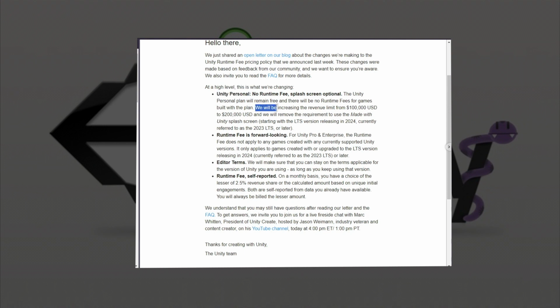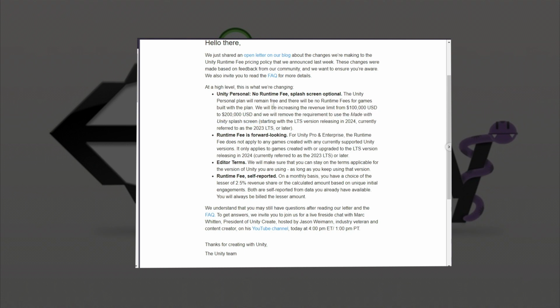Also they will be increasing the revenue threshold from 100,000 to 200,000 USD. So they upped it big time. Now they are doing really good with this packaging, and will remove the requirement to use the Made with Unity splash screen.